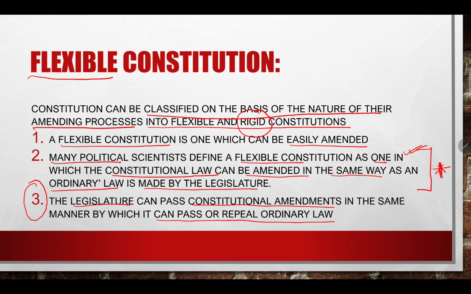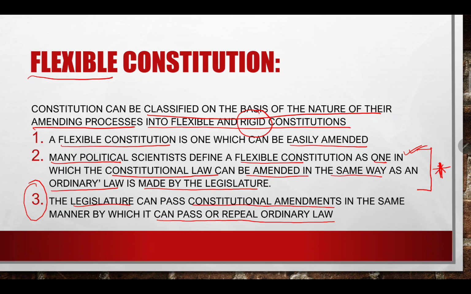If the Rajya Sabha finds that the bill is not worthy, or the members say certain rectifications are to be made, it is sent back to the lower house, and again after debate and discussion it is sent back to the Rajya Sabha after rectification. Ultimately the bill can be passed, sent to the President, and with his approval the bill is passed.